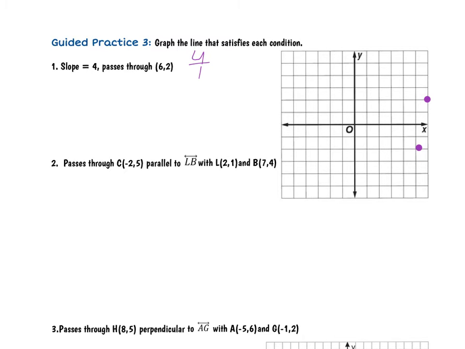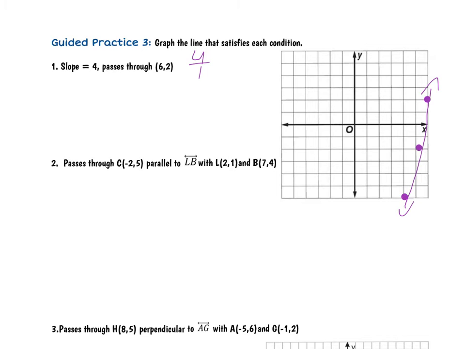Go down 1, 2, 3, 4, and over 1. Then connect our points. You get a fairly steep line there for number 1. Number 2, we'll do that in a slightly different color.